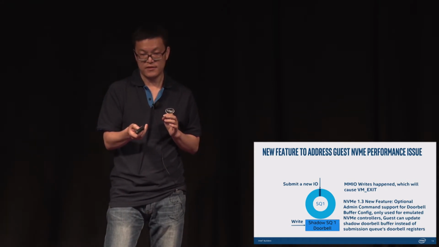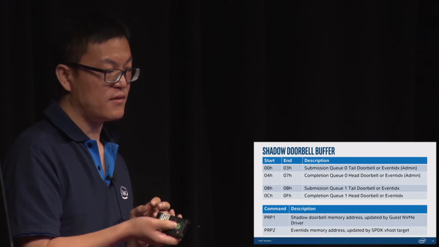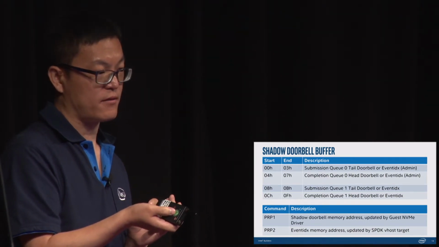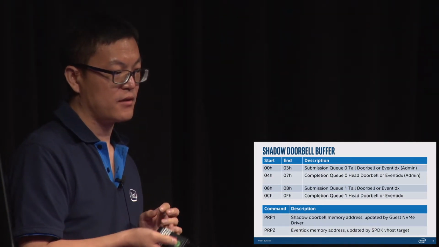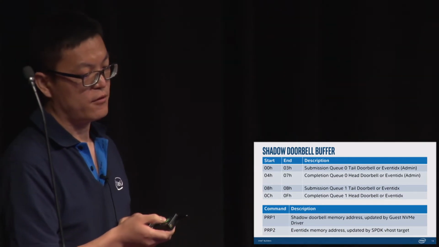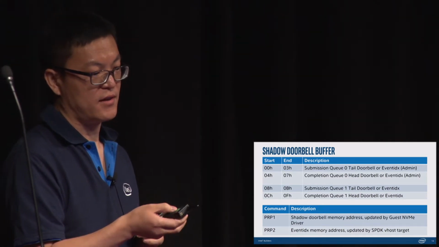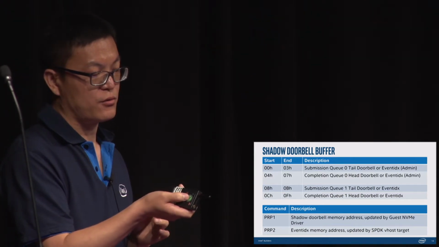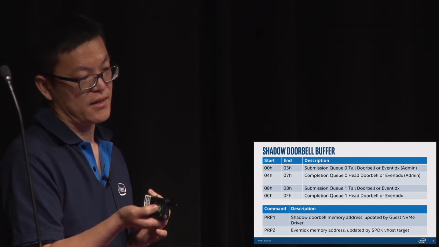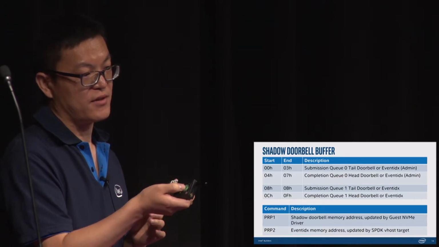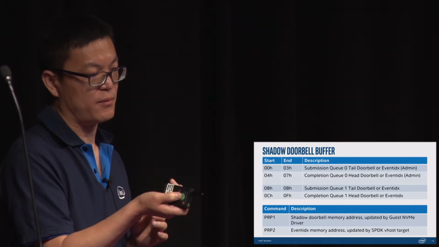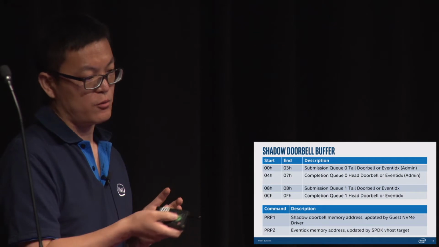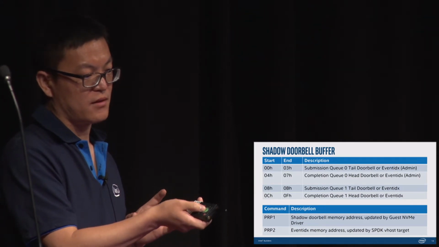This is the shadow doorbell buffer. Actually, it is two separate 4 kilobyte data buffers inside the guest VM. The guest will send this command to SPDK. After SPDK receives this command, it will start the poller to poll this shadow doorbell.